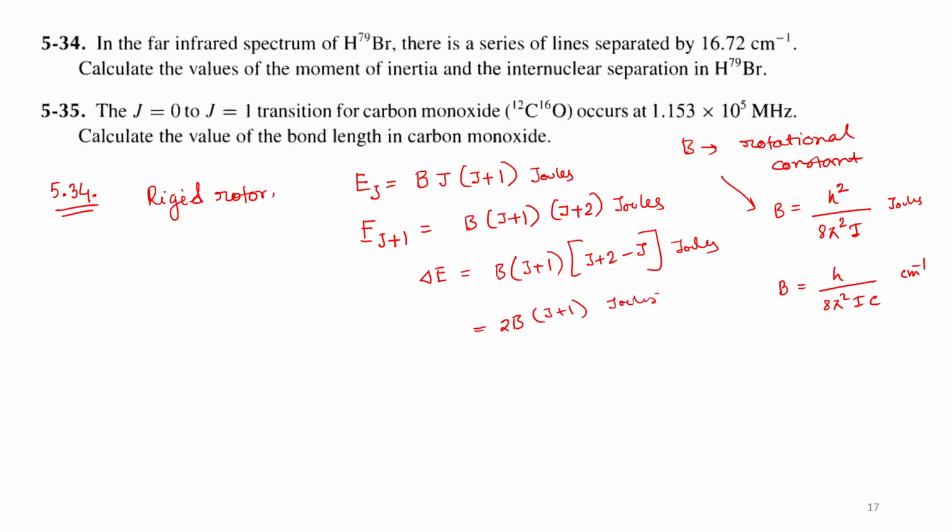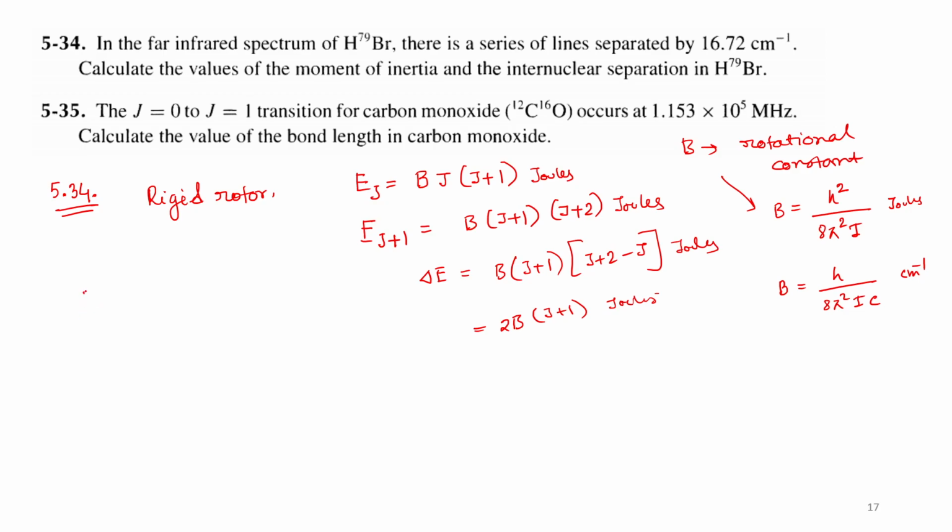So here you are going to see that the energy gap between J and J plus 1 is 2B into J plus 1. Okay. Now suppose the first line you will get at J equals to 0.